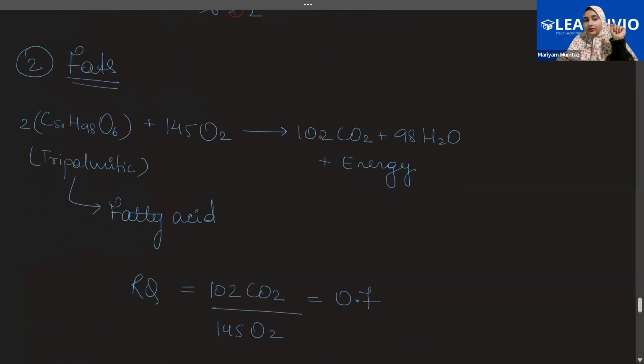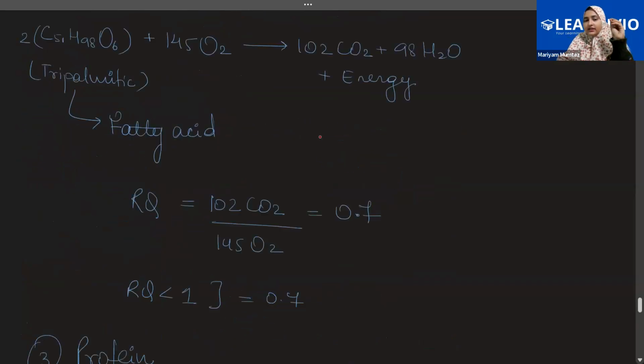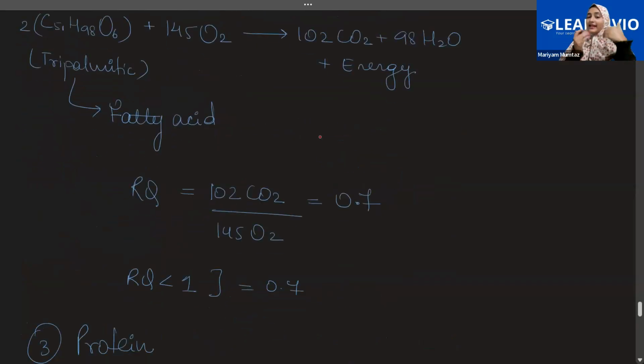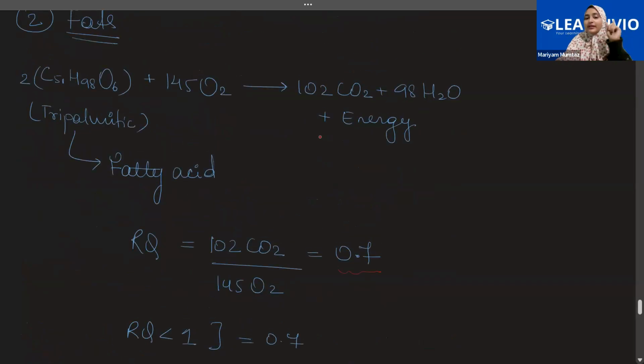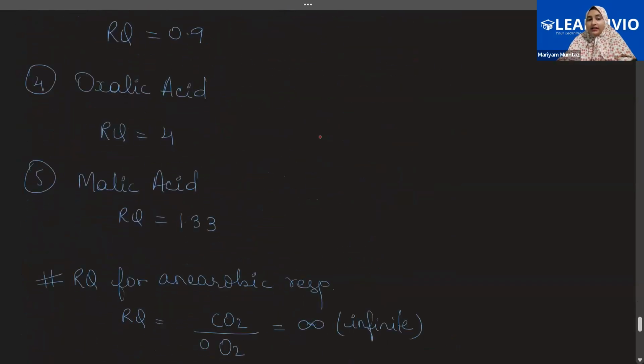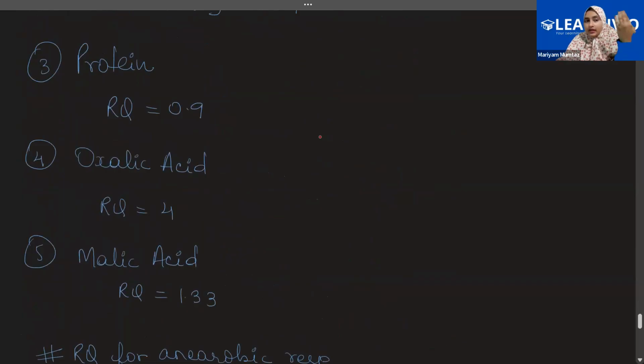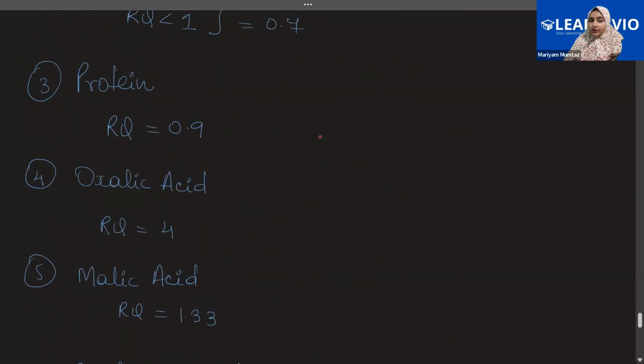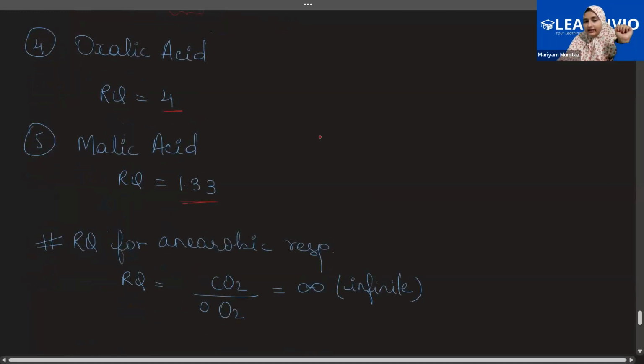For fat, the respiratory quotient will be less than 1, about 0.7. For fat, always less than 1. For carbohydrate, it will be 1. For protein, it will be 0.9. For oxalic acid, it is 4. For malic acid, it is 1.33.